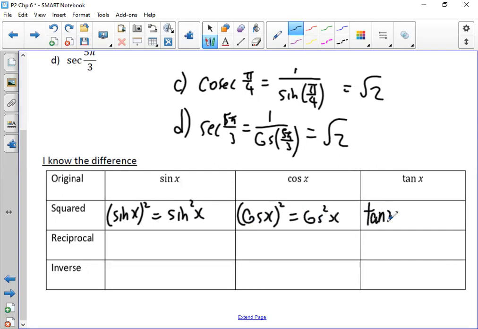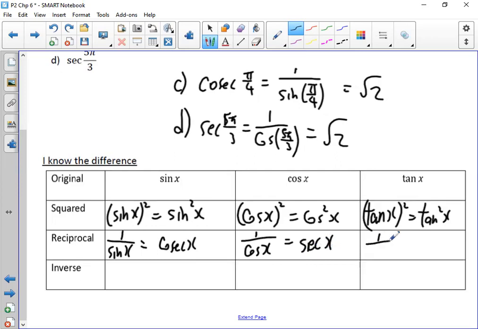And tan x squared is the same as tan squared x. What about reciprocal? 1 over sine x equals cosec. 1 over cos is sec x. And 1 over tan x is cot x.